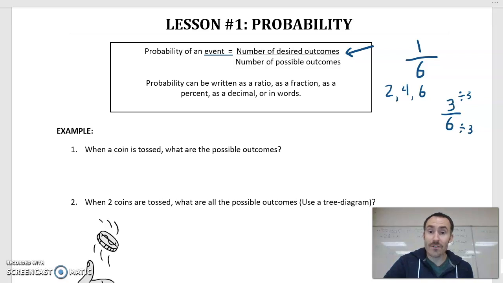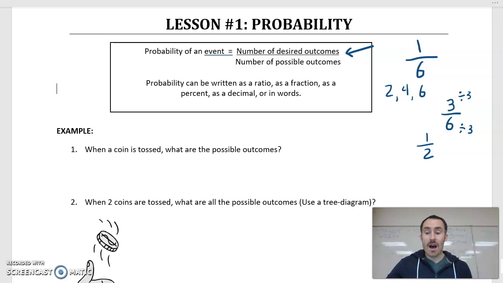And whenever you find that the numerator, the top, and the denominator, the bottom, both can be divided by the same number, they both have the same factor, then you should do that. You should reduce it that way. So then if we divide by 3, we get 1 out of 2. So your probability of rolling an even number on a die is 1 out of 2, or half, or 50%. All of those would be valid ways of talking about that probability.